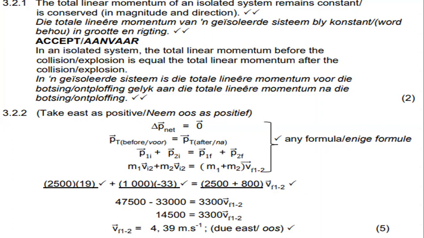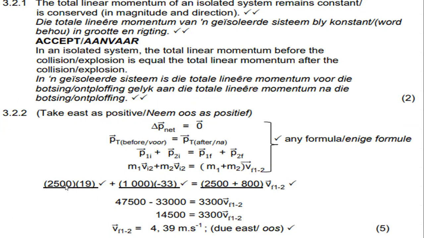Now remember what I said to you. I said our object 1 in this case will be the truck, and our object 2 is going to be the car. So let us go to the momentum. I'm substituting into this formula now. The momentum of the truck. Then the mass of the truck, remember, it was 2,500 kilograms altogether.